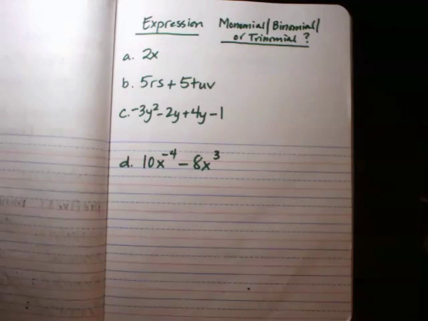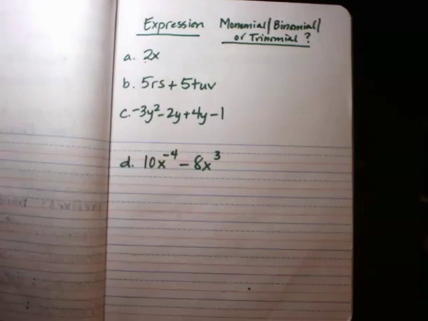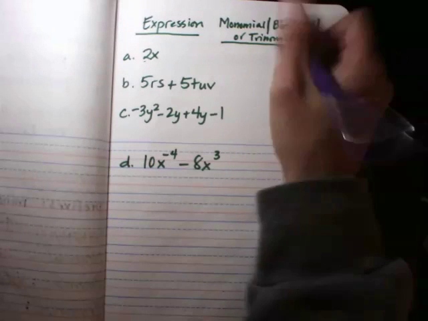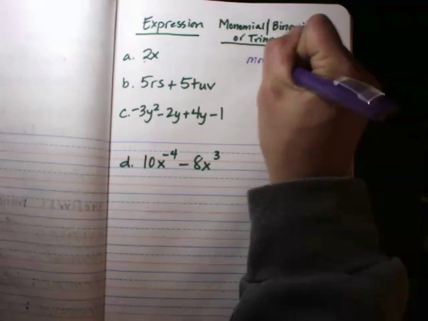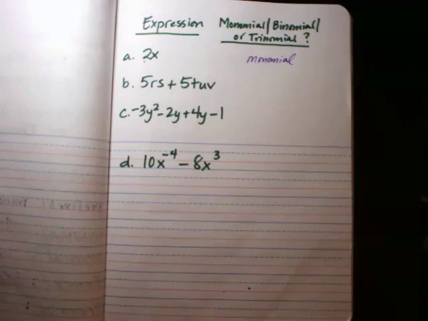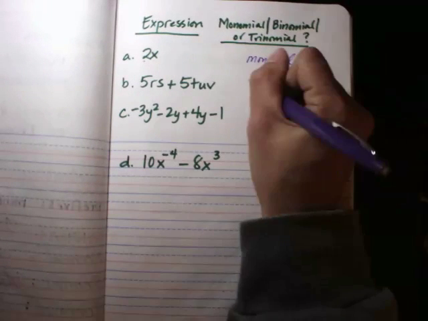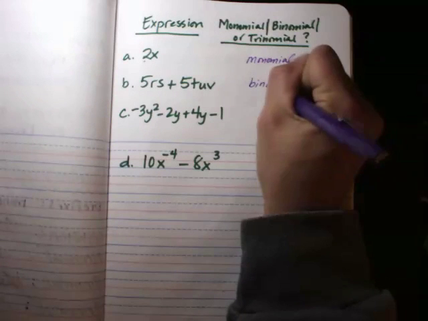For the very first one, A, you should get this as a coefficient multiplied to a variable. So that means that is a monomial. For B, looks like 2 monomials put together by addition. So this is a binomial.